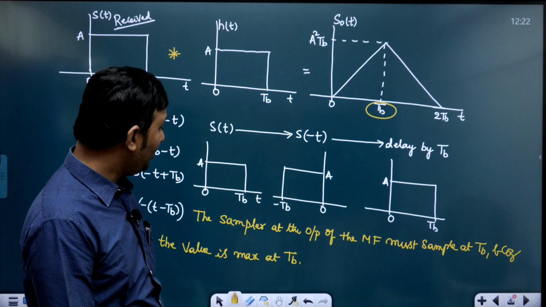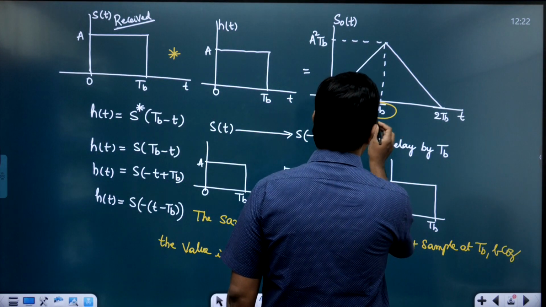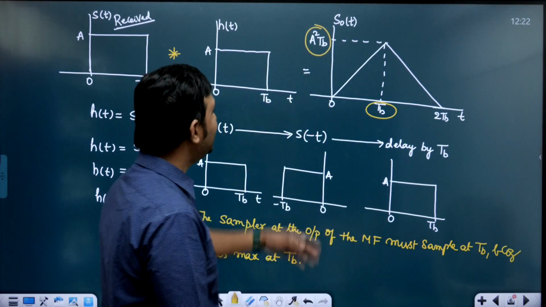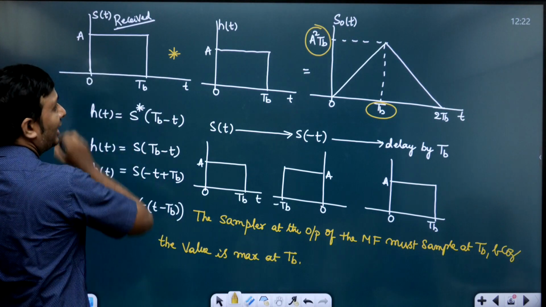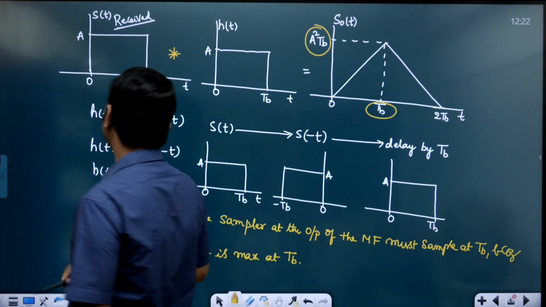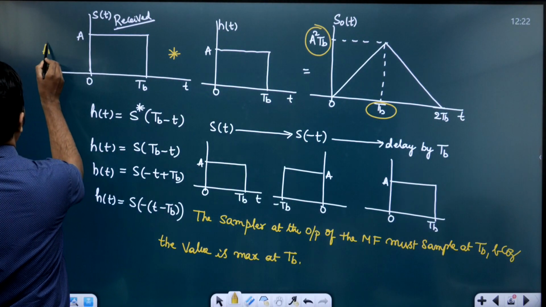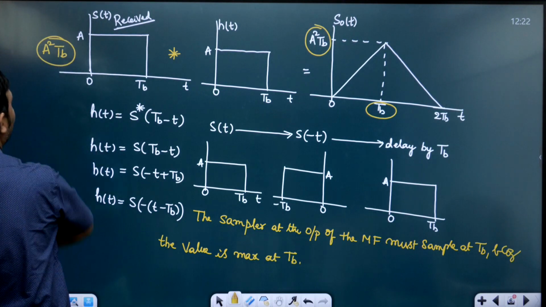Now if you observe, the sampled value at tb is nothing but A square tb, which is the energy in the input signal. See, if you have this kind of rectangular pulse, what is the energy? Energy is nothing but amplitude square multiplied with the width, right?